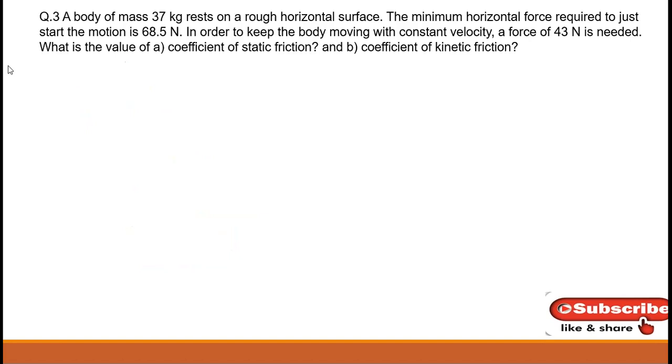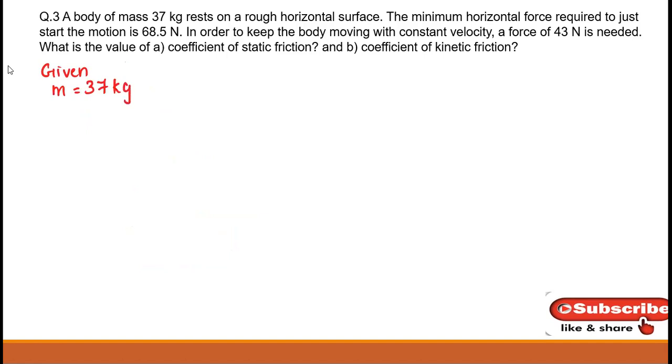A body of mass 37 kg rests on a rough horizontal surface. The minimum horizontal force required to start the motion is 68.5 Newton. Minimum force required to start the motion means limiting force. So first we will write what is given. Mass is given, 37 kg.